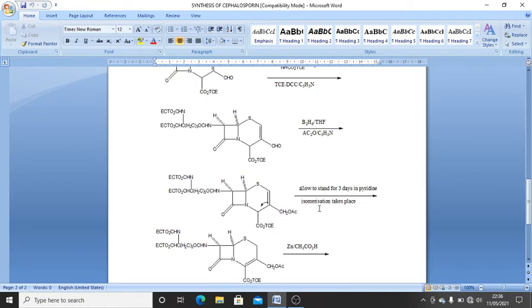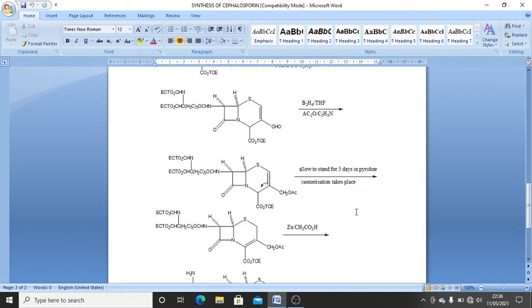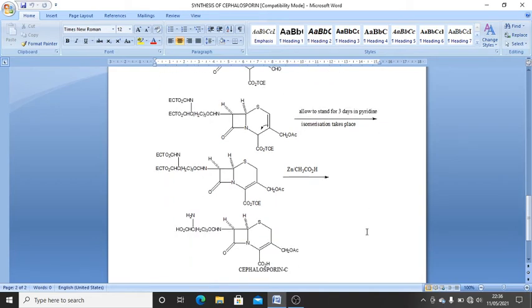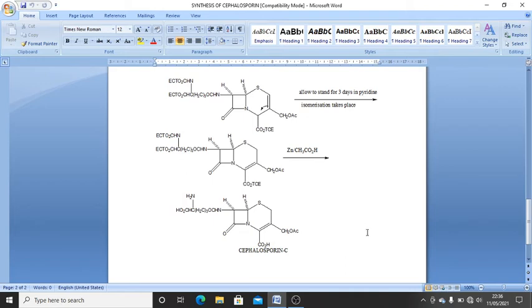After this compound is allowed to stand for 3 days in pyridine, further isomerization of the double bond takes place. That means this double bond moves. Then after the isomerization of the double bond, this intermediate will react with zinc in acetic acid so that it will get converted into cephalosporin.